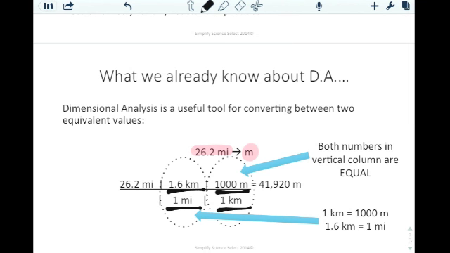1 kilometer equals 1,000 meters, and 1.6 kilometers equals 1 mile. So these equal each other, and we set them up so that we can see that their units cancel out. We have our miles here, 1 mile, and our kilometers up there.